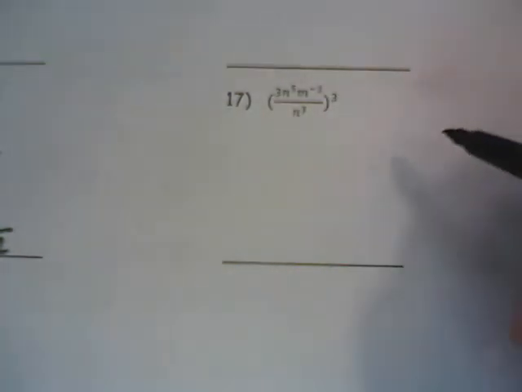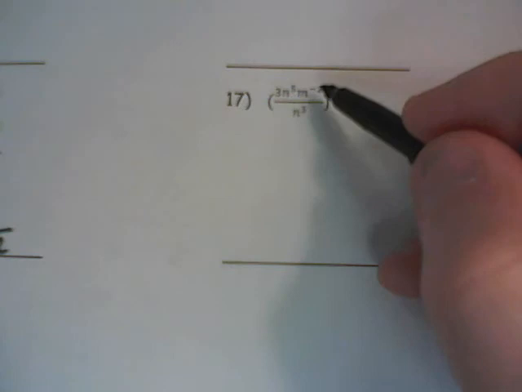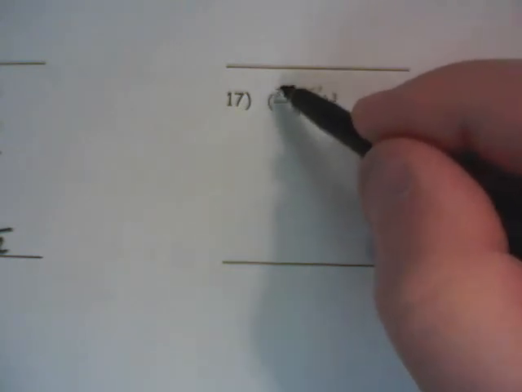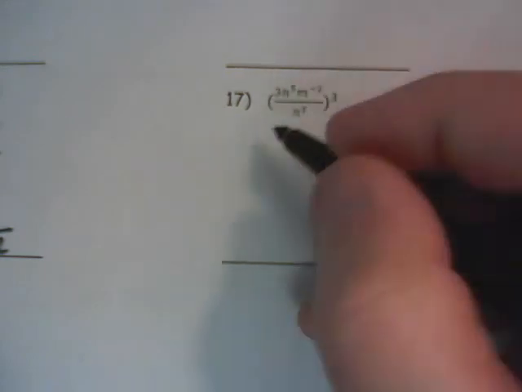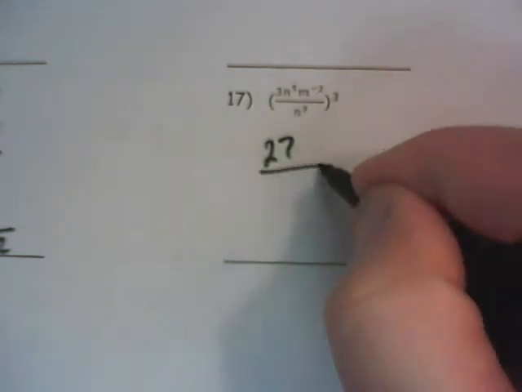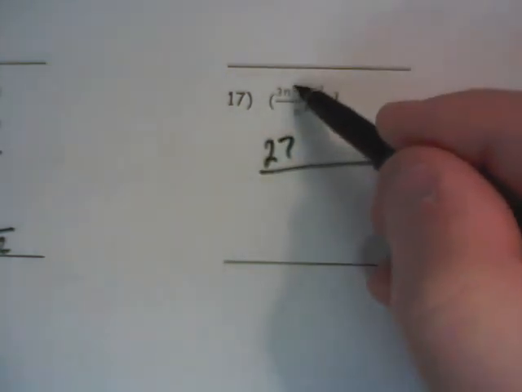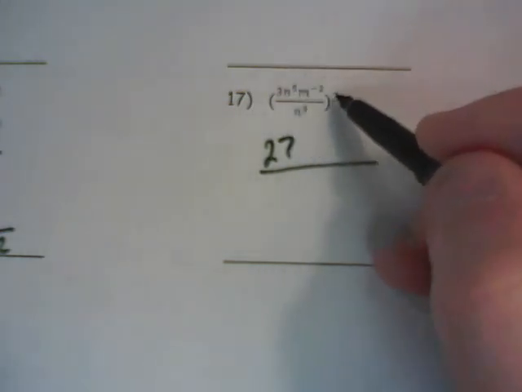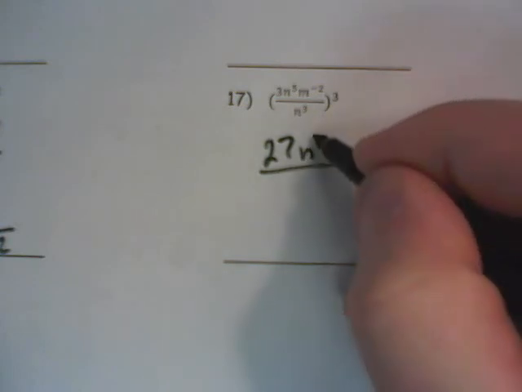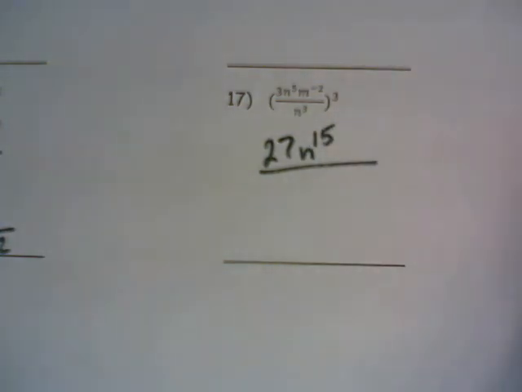I'm going to start by taking this entire quotient to the 3rd power. 3 to the 3rd power means 3 times 3 times 3. 3 times 3 is 9. 9 times 3 is 27. Then when I take n to the 5th to the 3rd, I'm raising that power to a power, so I'm going to multiply, and that's n to the 15th.